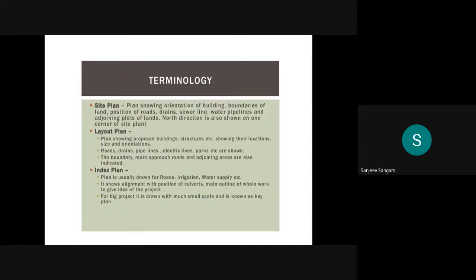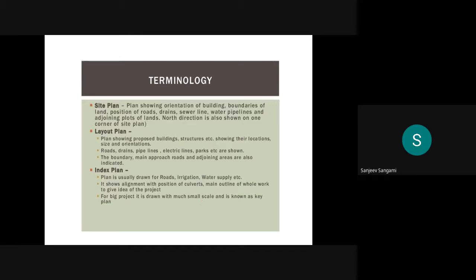Then site plan. This is the plan showing the orientation of the building, the boundaries of the land, positions of the road, drains, sewer lines, water pipelines, and adjoining plots of land. The north direction is also shown in one of the corners of the site.